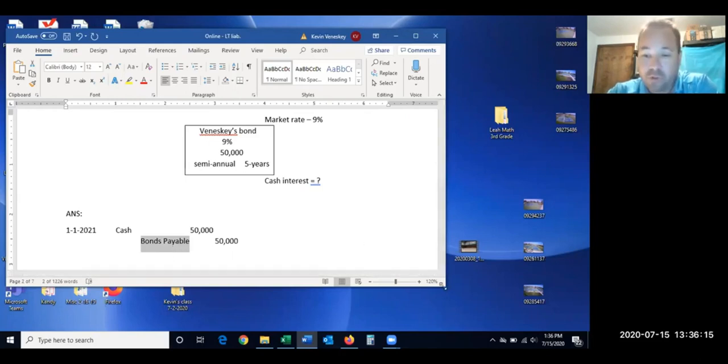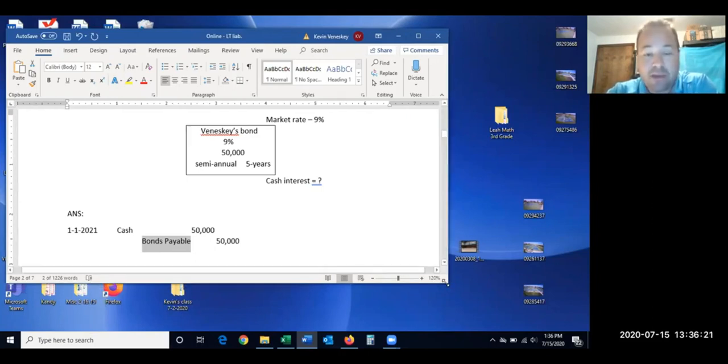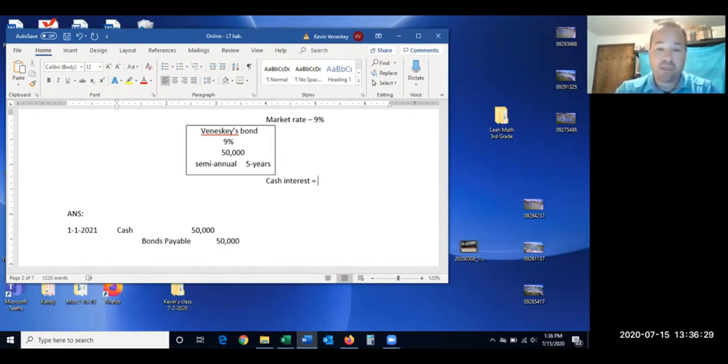Bond payable shows that we owe $50,000. And then when we come down to 6/30, now we're going to show that we made our first interest payment. We can calculate our interest just by using the formula I equals PRT.